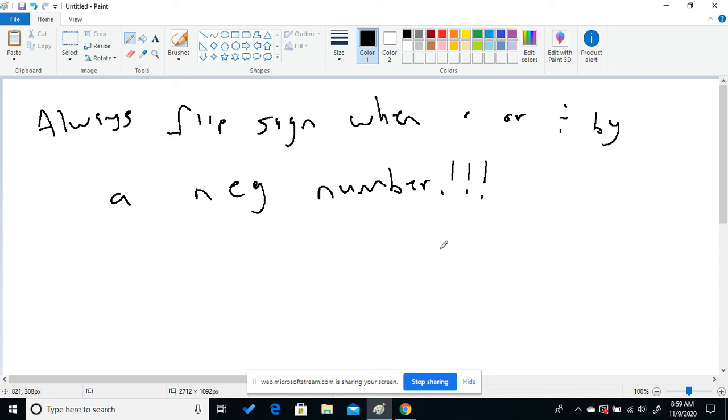That's the most important thing you need to remember, that always flip. It says flip, by the way, for my poor handwriting on a computer. Flip the sign when multiplying, so that's a symbol for multiplying, or dividing by a negative number. That's what you need to remember with inequalities. Other than that, you're following the same steps of one-step and two-step equations.